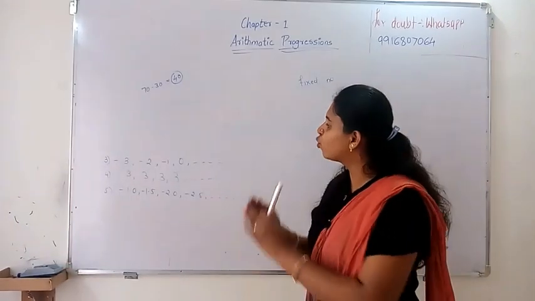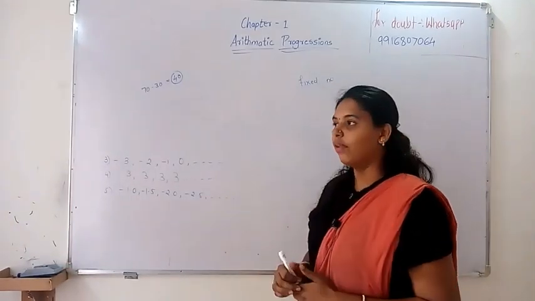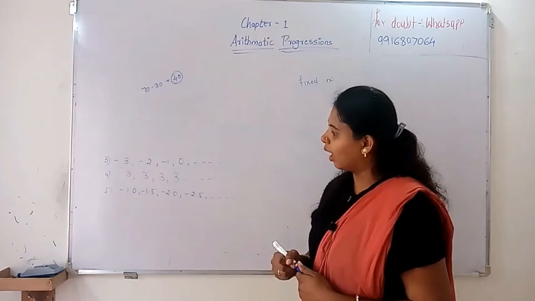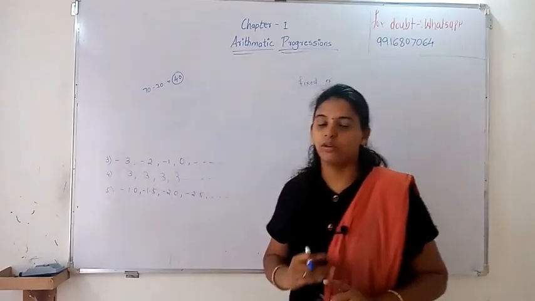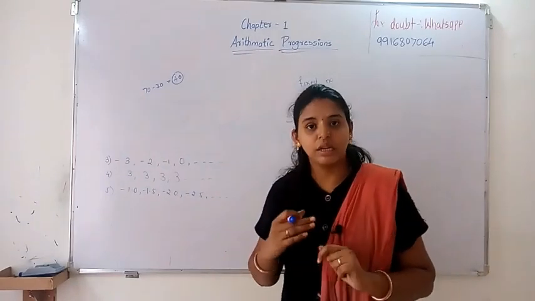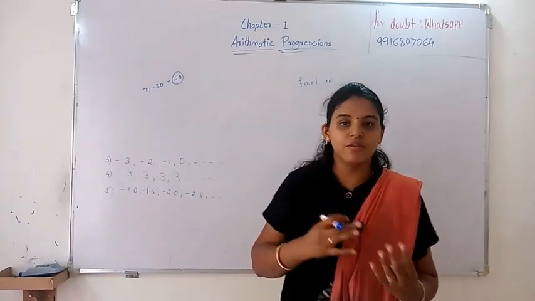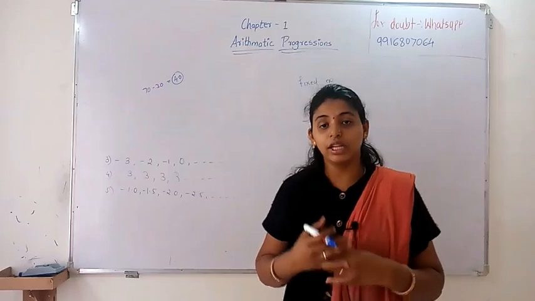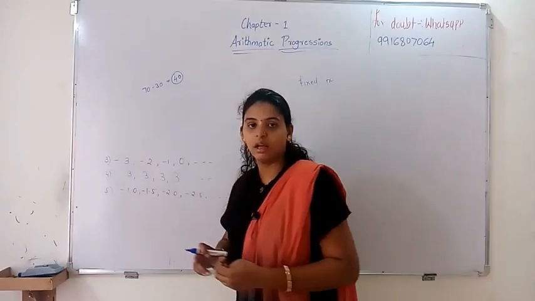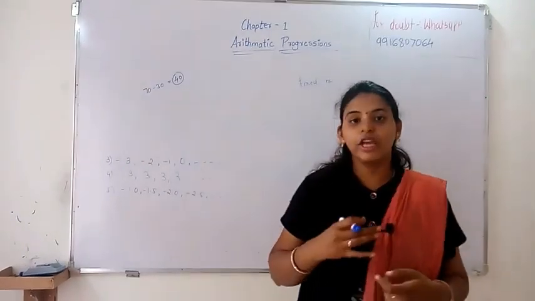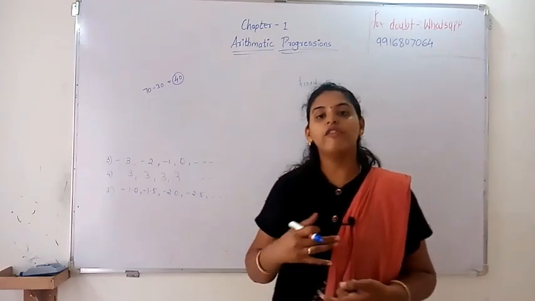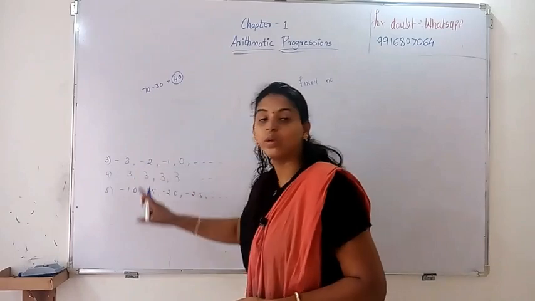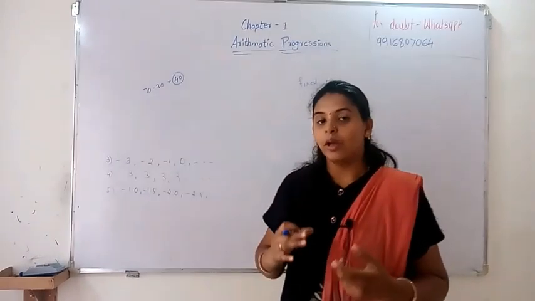Minus 3 minus 2 minus 1 0. Then अभी देखो यहाँ पे क्या करना है, माइनस 3 में से, मैं क्या बोल रही हूँ ध्यान से सुनो, माइनस 3 में से हम क्या सब्सट्रैक्ट करेंगे और कौन सा नंबर ऐड करेंगे जिससे कि हमें माइनस 2 मिलेगा। Which number we have to add or we have to subtract, then only will get minus 2, that we have to think.